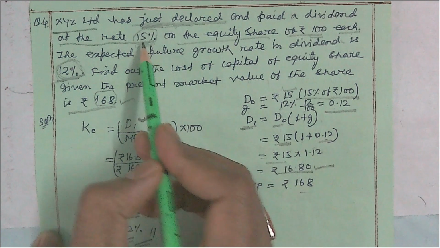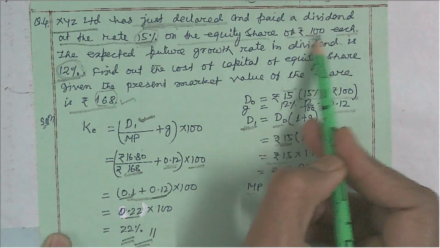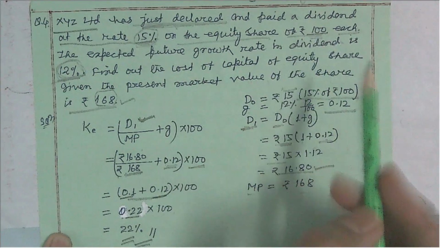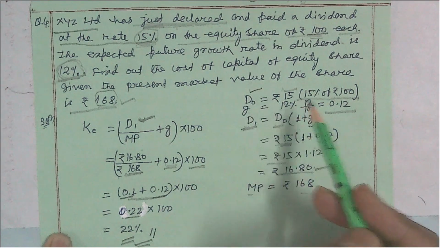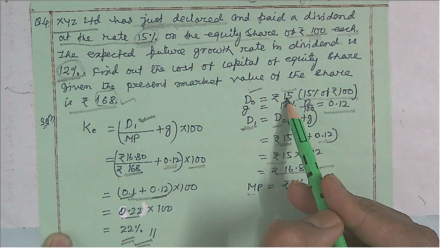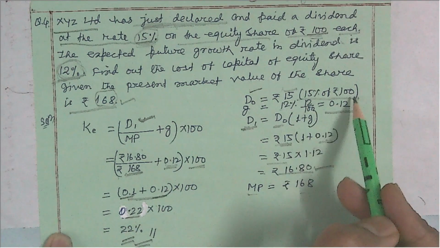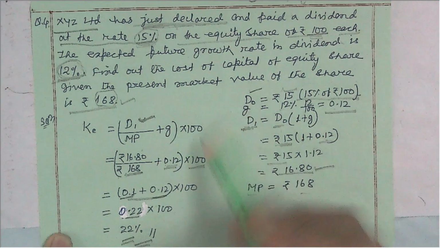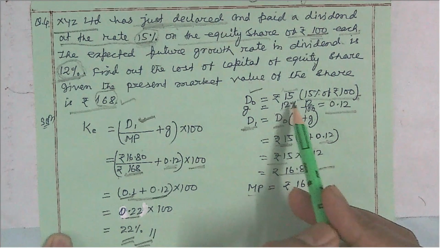So the dividend amount is to be calculated as 15% on the face value of shares, rupees 100. So 15% of rupees 100 is 15 rupees, and this is D0, the last year dividend amount. This year it will be increased by 12%.